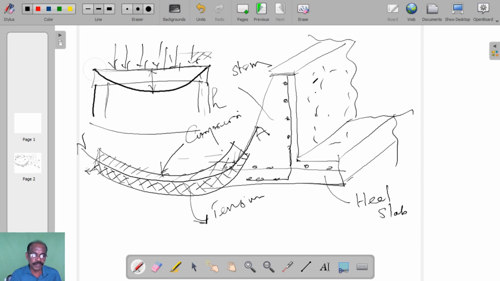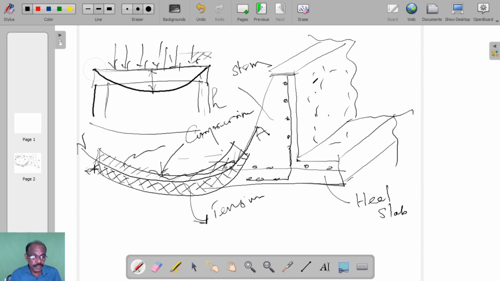This is very, very important for students, where we have to provide the tensile reinforcement. The universal truth is that concrete is weak in tension and strong in compression. Now this is the compressive force acting area, the compressive area. There is no need for giving reinforcement in this particular area.